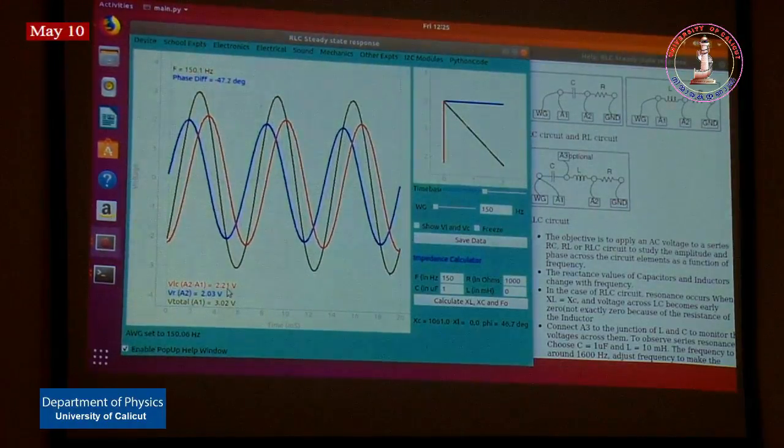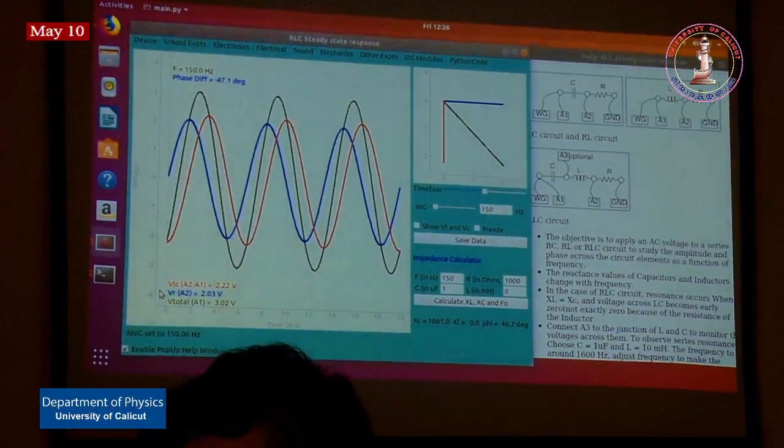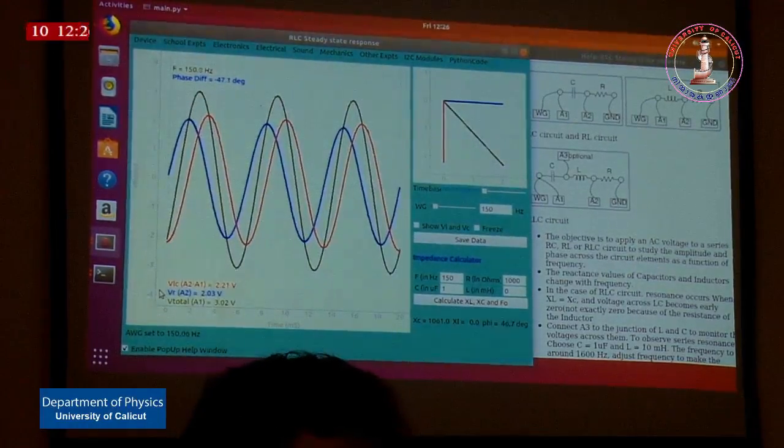Why is it so? 2 plus 2 is supposed to be 4, but what you see here is 3. Is there anything wrong? Voltage across the capacitor 2.22, across the resistor 2.03, and total voltage is 3. Is that alright? Is there anything wrong?